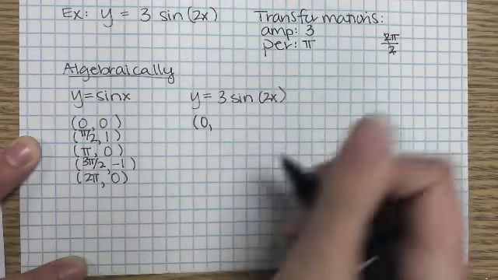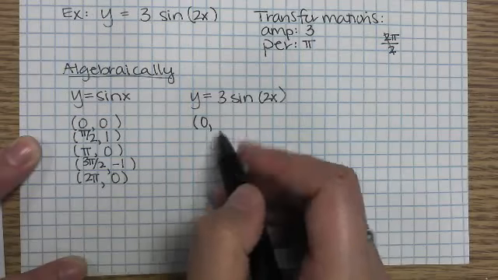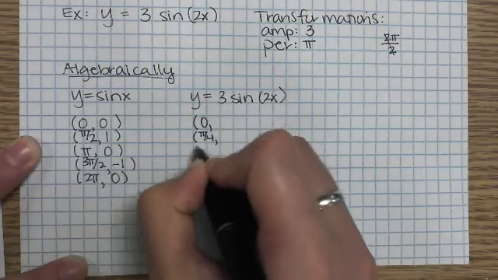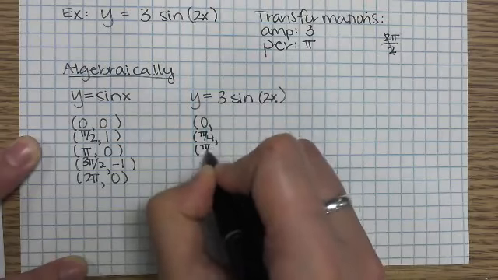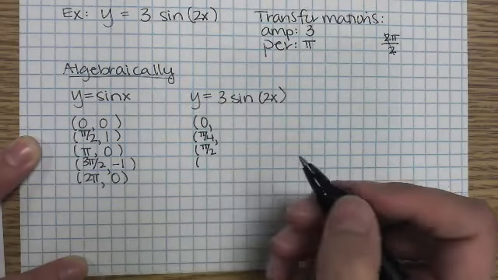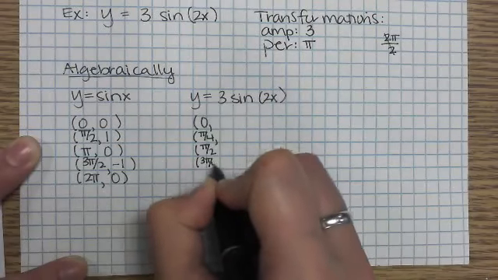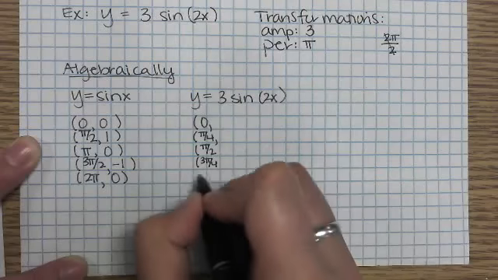0 divided by 2 is 0. Pi halves divided by 2 is pi fourths. Pi divided by 2 is pi halves. 3 pi halves divided by 2 is 3 pi fourths. And 2 pi divided by 2 is just pi.